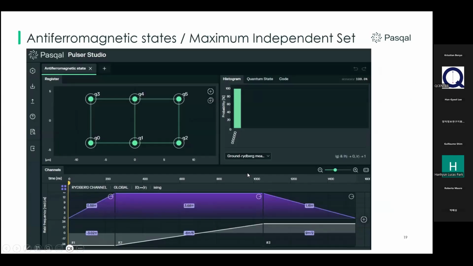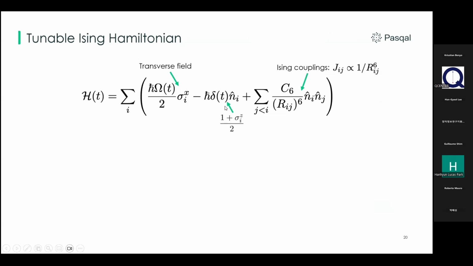So in this Hamiltonian representation, the first two terms correspond to interaction with the external field. In this case, our external field is the laser pulse we are shining on the atomic register, and the two-body interaction terms are entirely a function of the geometry itself.